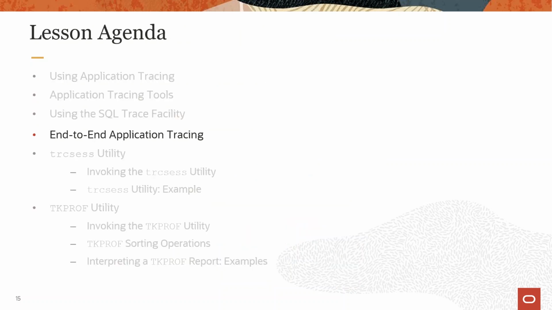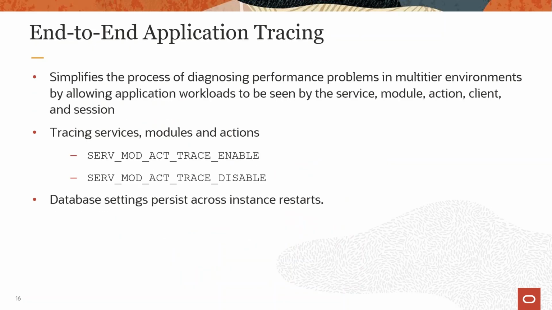Now, in order to perform this tracing in a shared server model or in a multi-tier environment, you can make use of end-to-end application tracing. End-to-end application tracing simplifies the diagnostics of performance problems in a multi-tier environment.